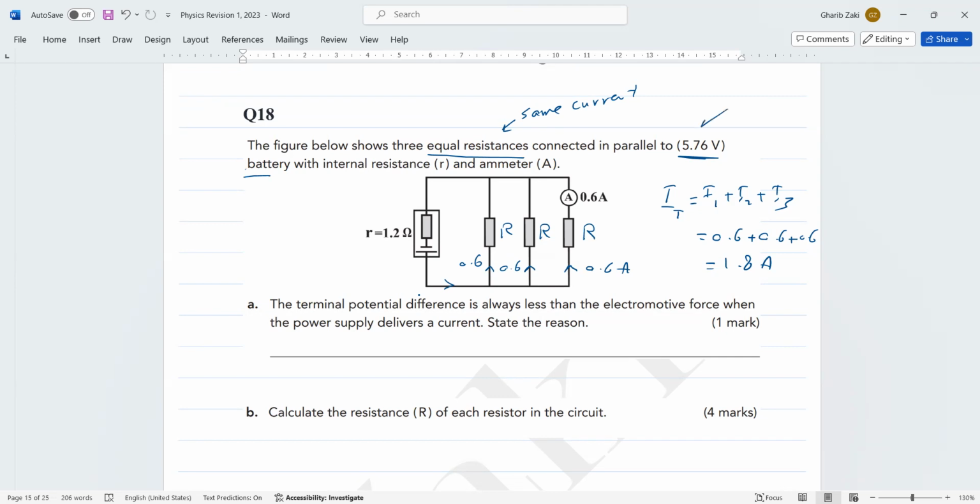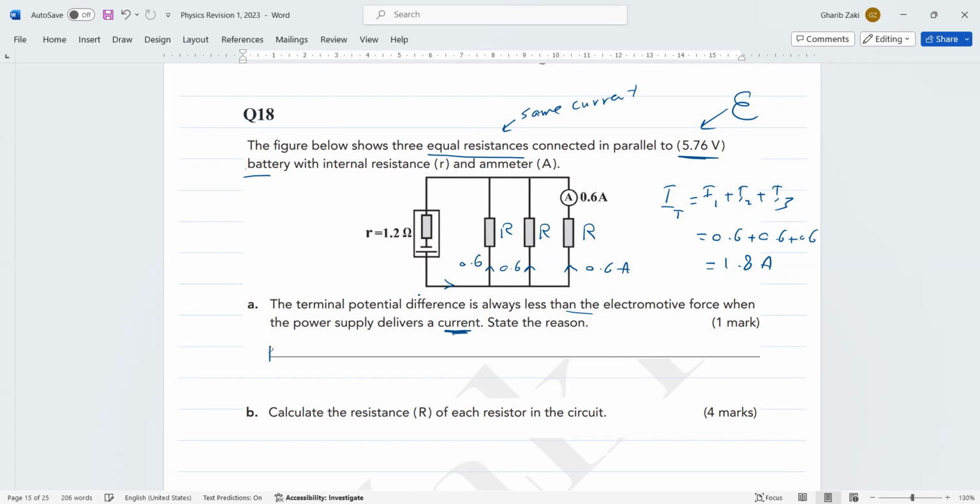So this is the EMF of the battery. Now, the terminal potential difference is always less than the electromotive force when the power supply delivers current. State the reason. Because of lost voltage in the internal resistance.